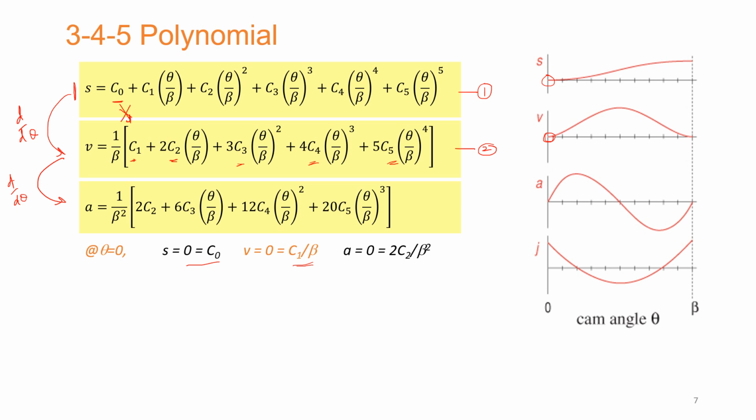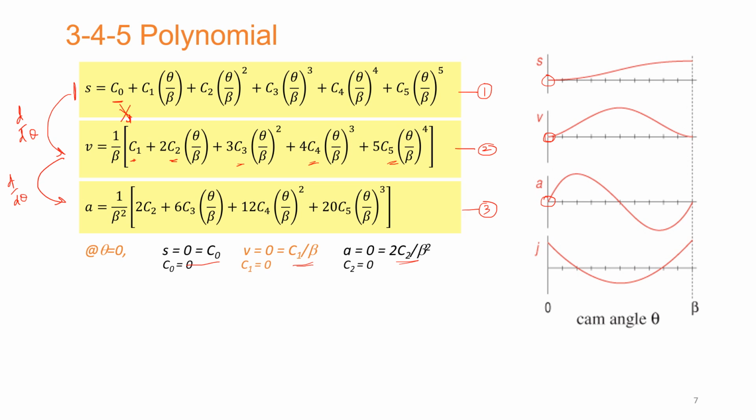And when you plug in the boundary condition for acceleration in equation number 3, you are going to find out corresponding to this boundary condition that 2C2 by beta squared is also going to be equal to 0. Beta is not equal to 0 actually, because this is under your control. So obviously this would mean that C2 is necessarily 0.